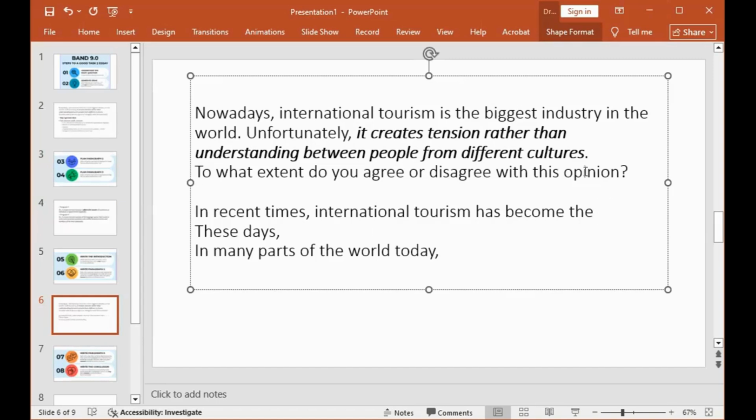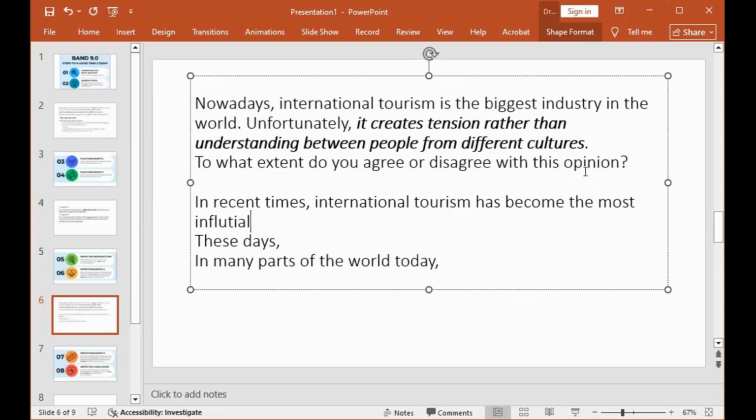It has become the most influential industry in the world. In recent times, international tourism has become the most influential industry in the world.